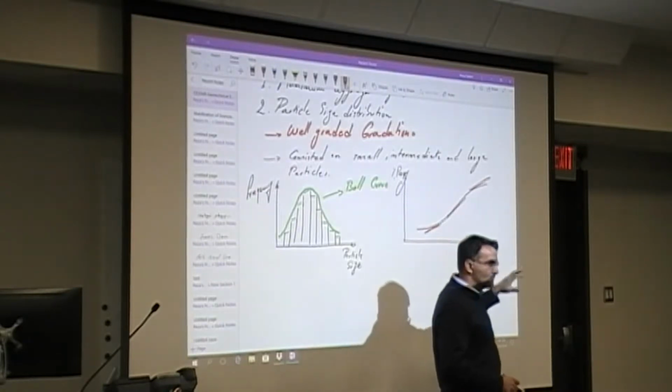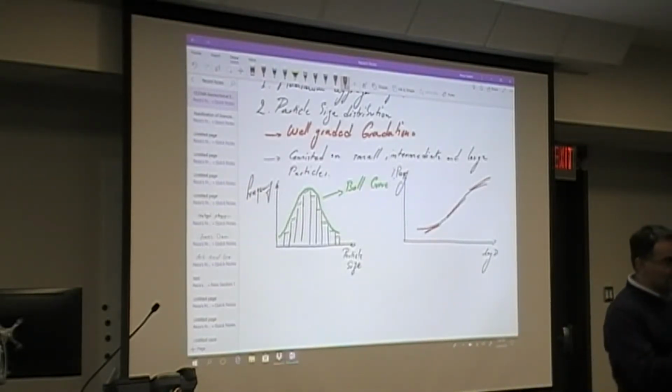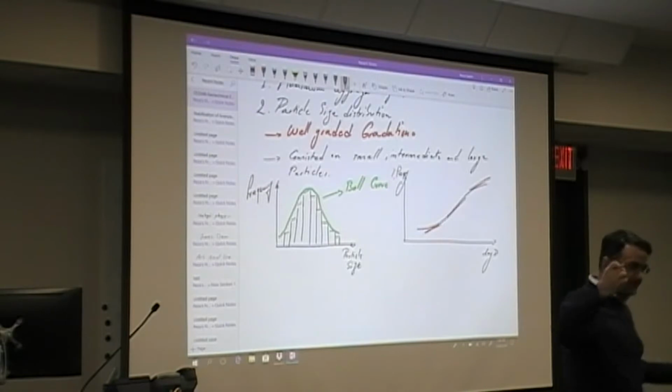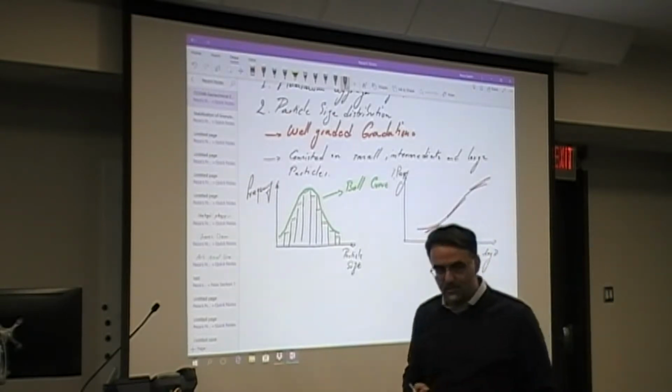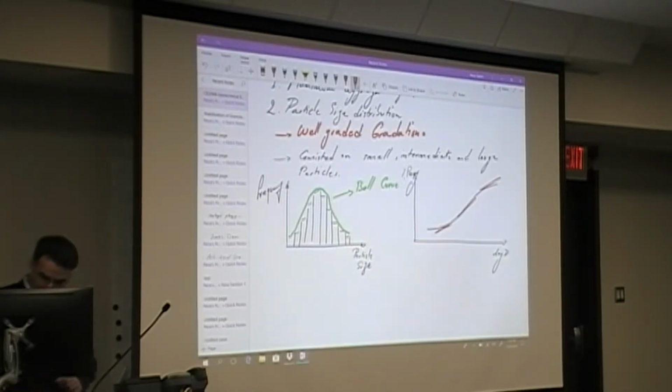Remember, we want to have small, intermediate, and large. There's not much of a change in terms of the slope, as you can see here, the elongated S-curve. The slope of the cumulative distribution curve represents the frequency of the observations. That's coming from your, again, statistics. All right, so that was a well-graded material.